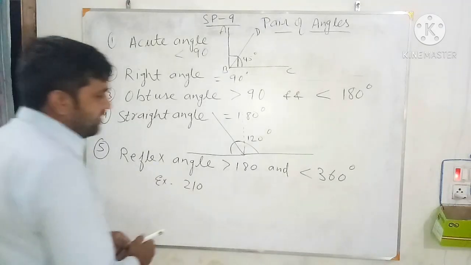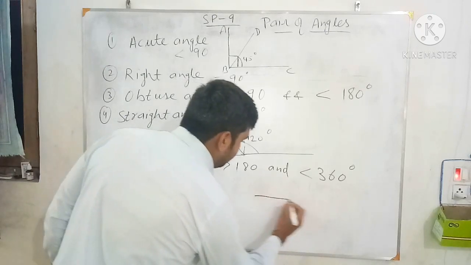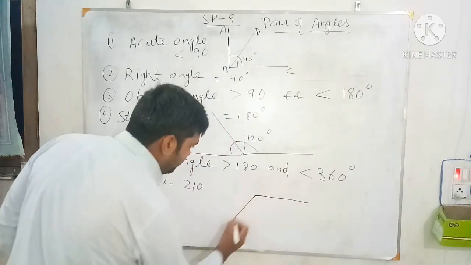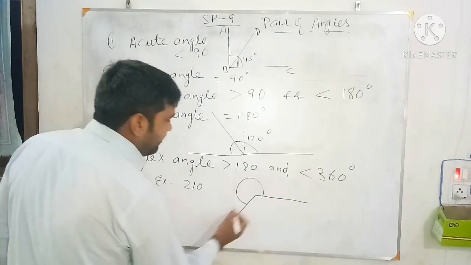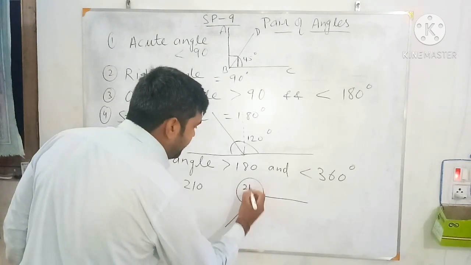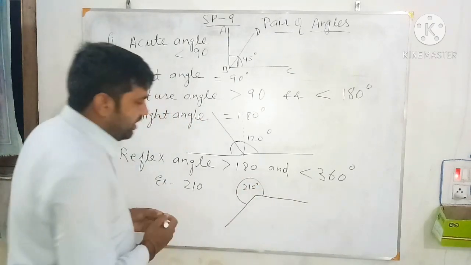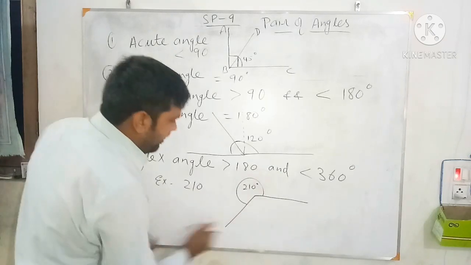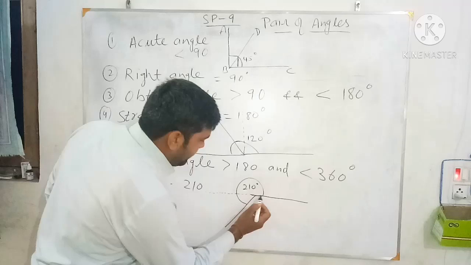So how do you draw the reflex angle? The reflex angle will be like this. This much angle is called the reflex angle. That can be 210 degree. As you extend it, see, this is 180 degree.